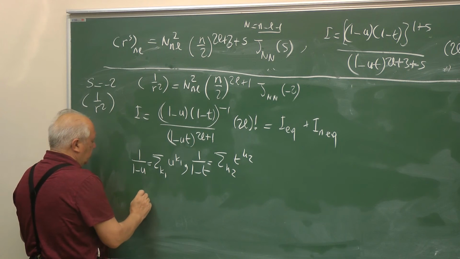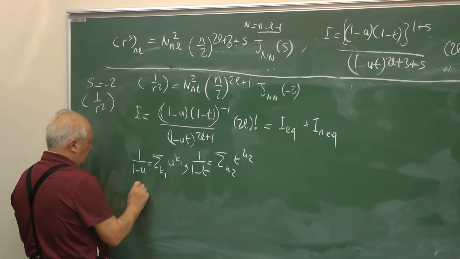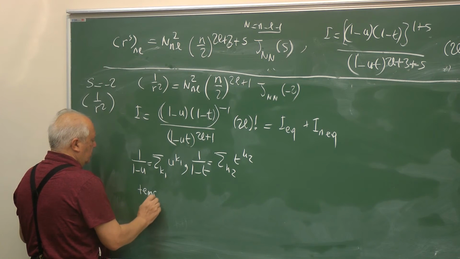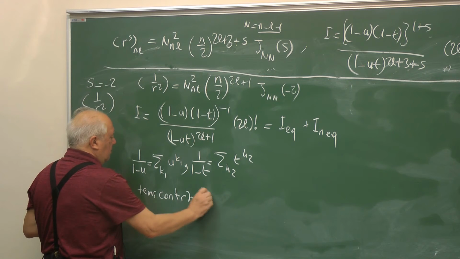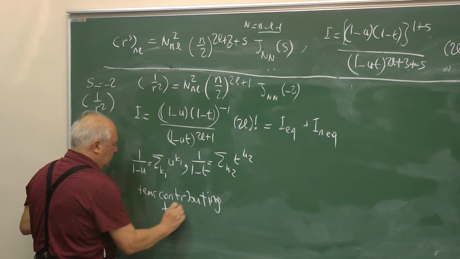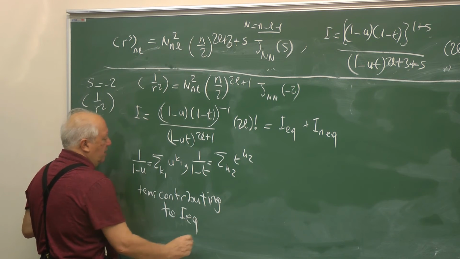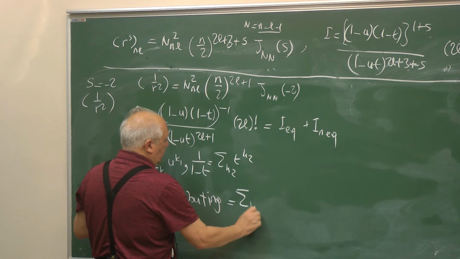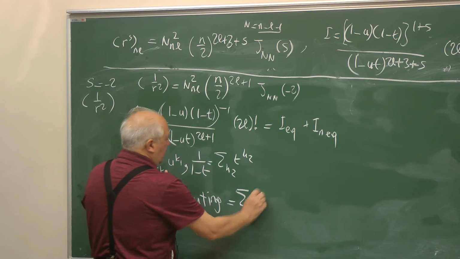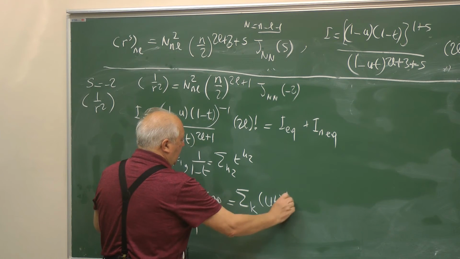Therefore, terms contributing to equal powers is simply sum over k of ut to the k.